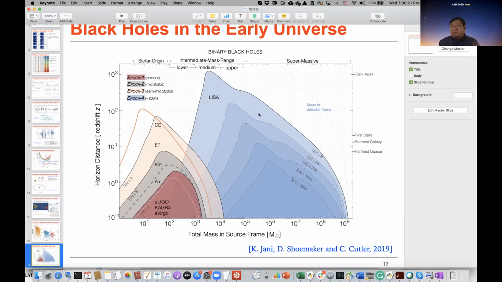Maybe we'll find there are actually a lot more black holes at high redshift, which may lead to even higher redshift sources. That we don't know. But right now, we're really planning to be able to see all the binaries that would merge in the universe. I think this is a very strong statement.